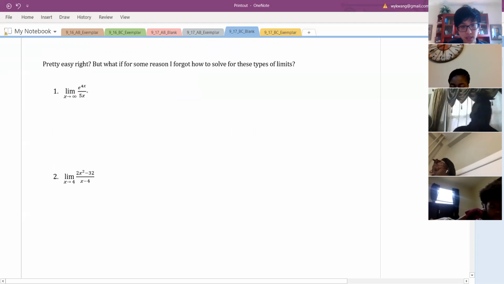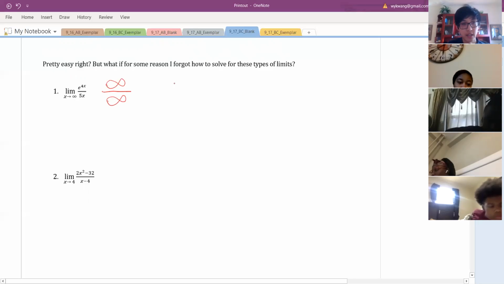We all know that's pretty easy because we're looking at the hierarchy of dominance. But if I didn't know what I was doing, I would say the numerator, e to the 4x, is going to infinity. The denominator, 5x, is also going to infinity. So my answer would look like this. This is, again, if I don't know what I'm doing.